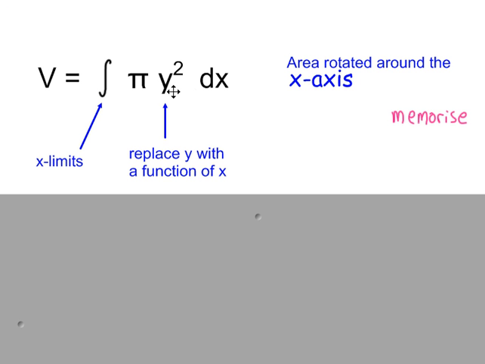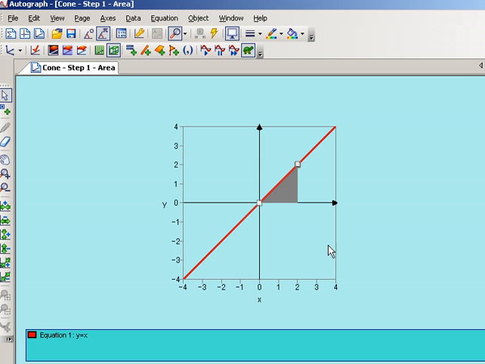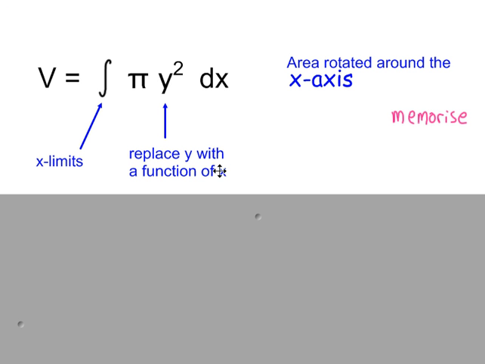Now because we're integrating with respect to x, it's the x terms that you're going to integrate. So this at the moment says y squared, so we need to replace y with a function of x. That's quite easily done. Typically you're given the equation of the line or the curve, and that's in the form y is equal to something, and to get it into the form y squared is equal to something, you just square both sides of the equation and you'll have what y squared is equal to, and that's easy to replace.